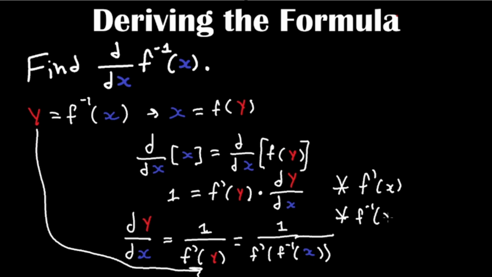I'm going to show you an example later where you might not know the general formula for the inverse as a whole, but if you have specific points on a function or you know specific ordered pairs, then you can apply this to specific points. But let's do some examples.